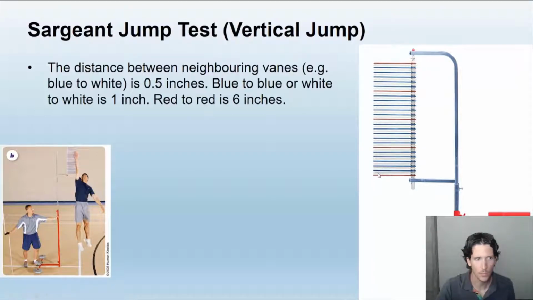Between blue to blue or white to white is 1 inch, and between the red vanes is 6 inches. So if they started out with their fingertips touching here, and then they jumped and got up to this red vane up here, their vertical jump height would be 12 inches. So that's how we're going to assess their vertical jump height.